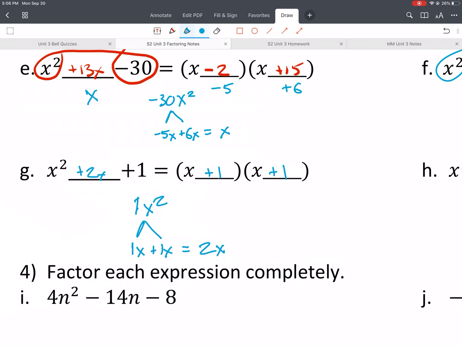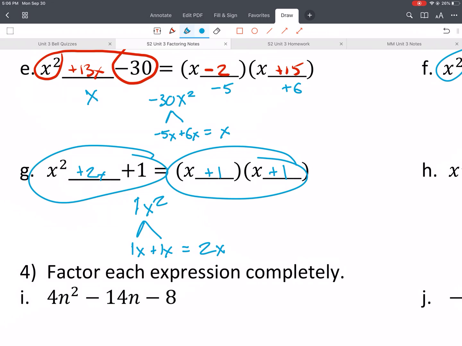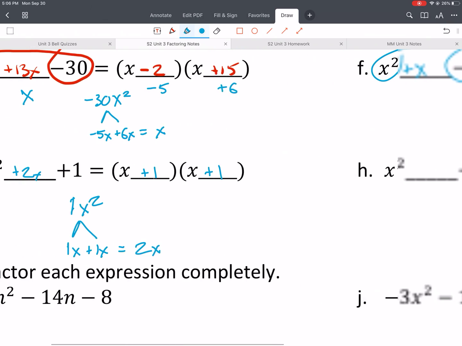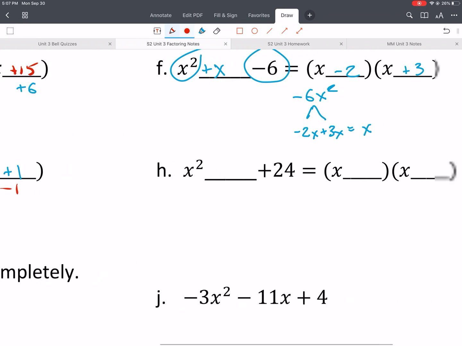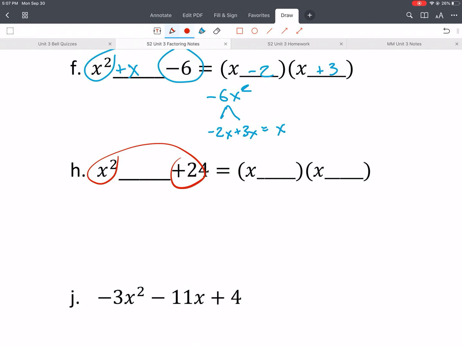You can also distribute here to make sure that it works, or you can factor here and see that it works on the right side. So the other option for this one, there's only two. You could also have negative 2x and a negative 1 and a negative 1. Here again, 24, two numbers that multiply to give us 24x squared.